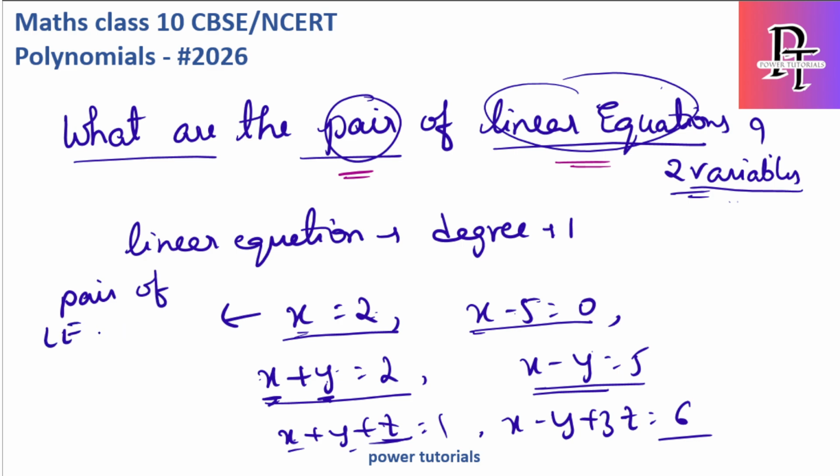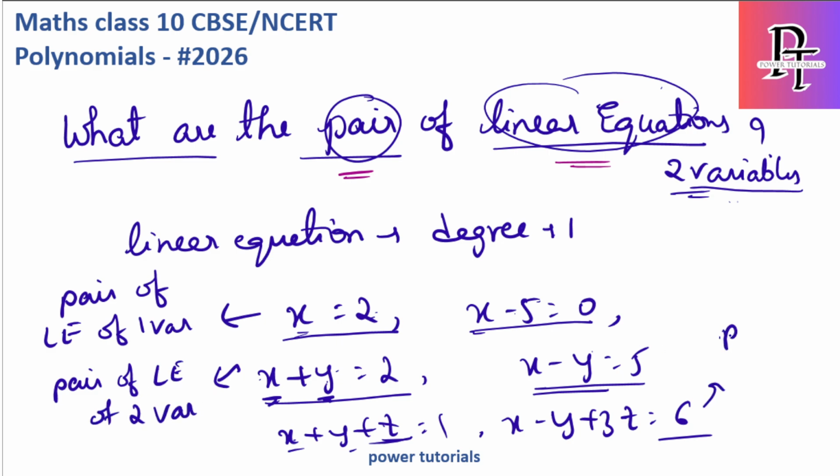LE is a linear equation. These two are a pair of linear equations of one variable, this one is a pair of linear equations of two variables, whereas the last one is a pair of linear equations of three variables.